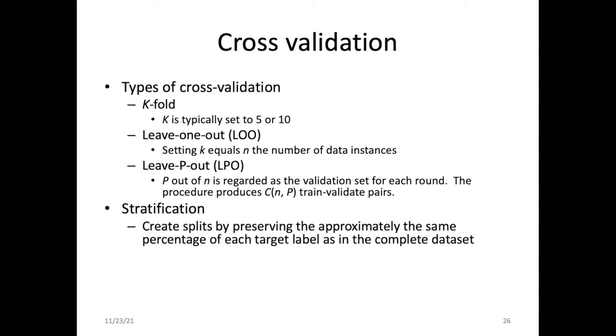There are a couple of types of cross-validation. What I just told you is called k-fold cross-validation. You divide the data set into k different folds to do the validation. And there are some other variations. One is called leave one out.